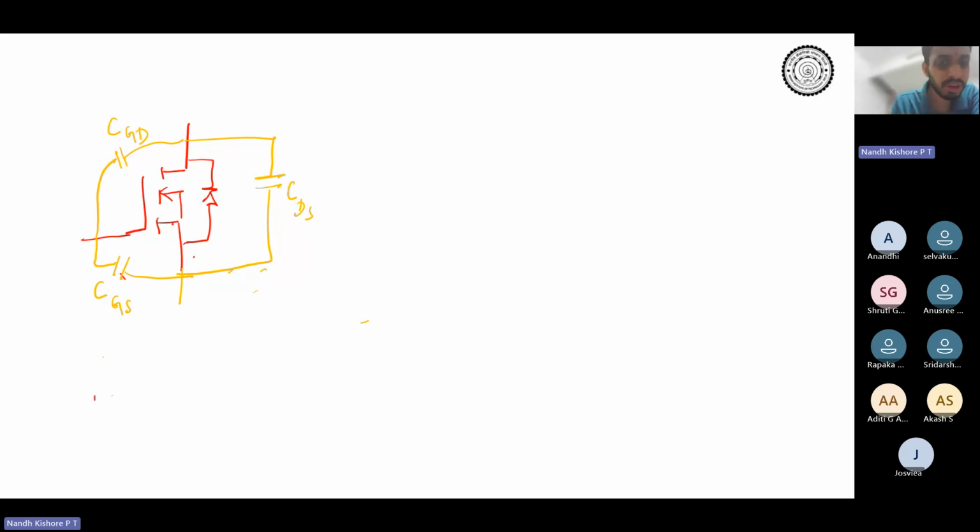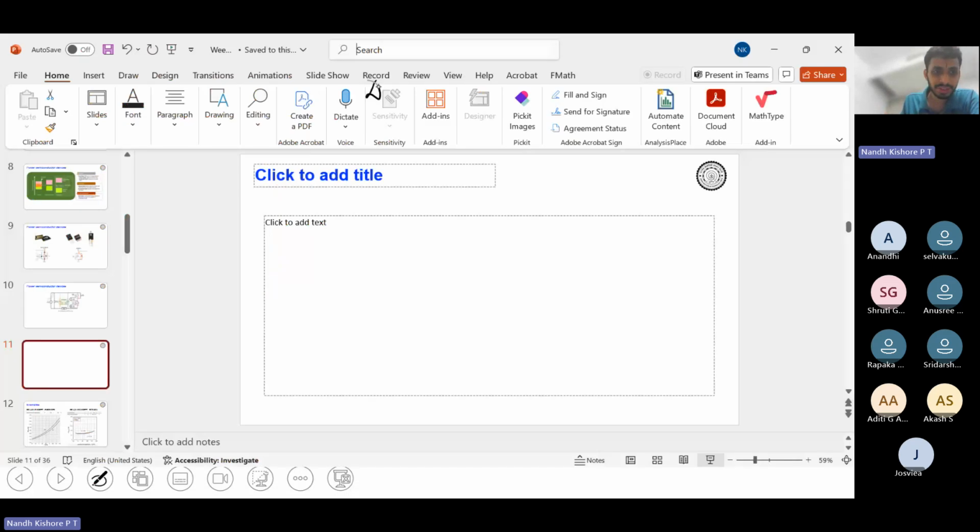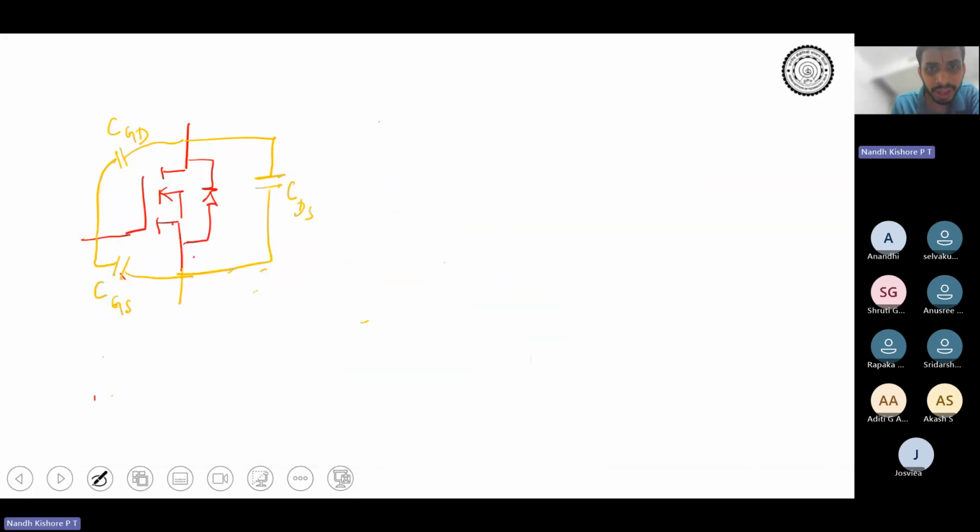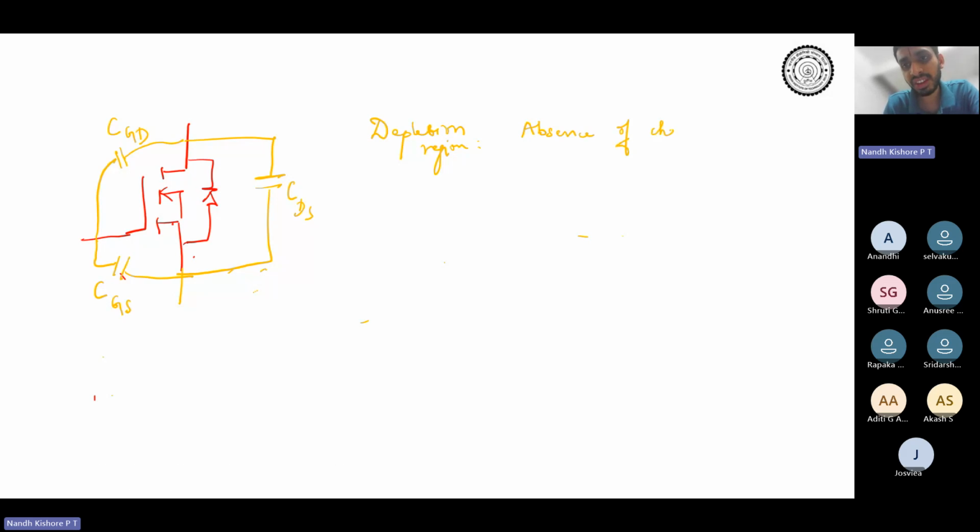Let me just jot it down over here. A depletion region means there is going to be an absence of charge carriers.